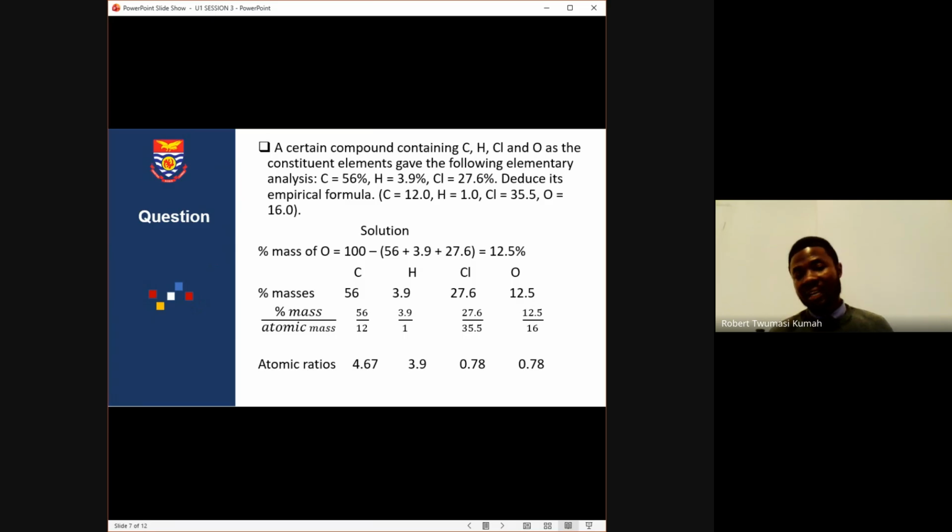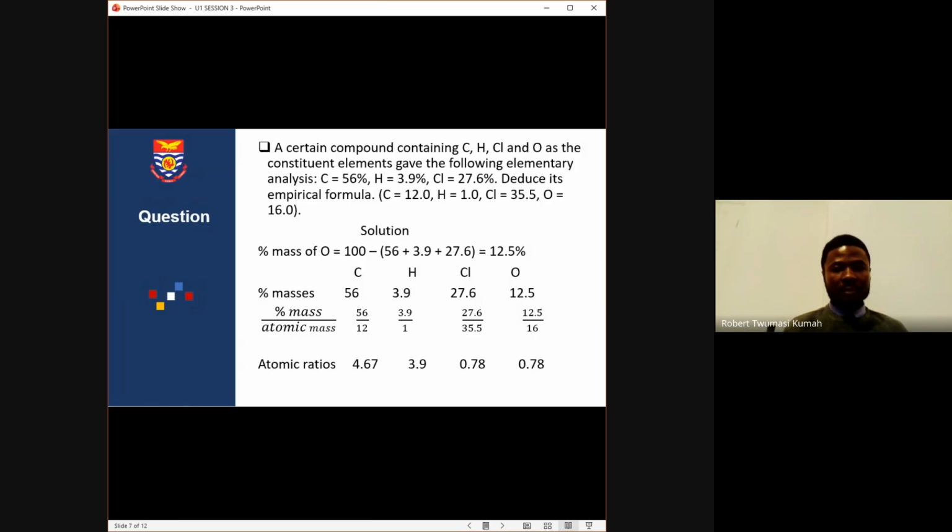The question is silent on that of oxygen, and it is silent because we are dealing with a percentage, and if it's a percentage, we are talking about 100. So if we have been given the others, when we add them and take it from 100, we will get what is left. And we are to determine or deduce the empirical formula.